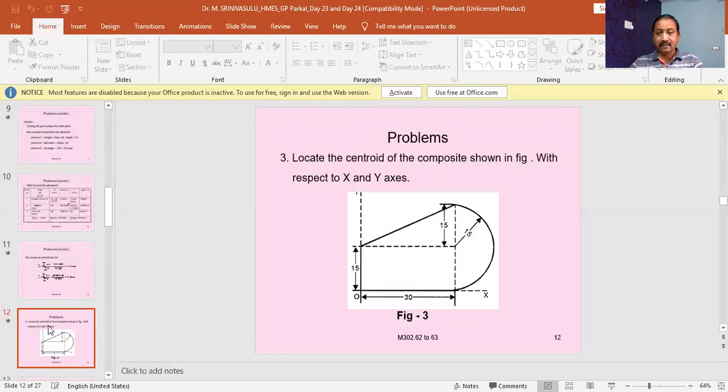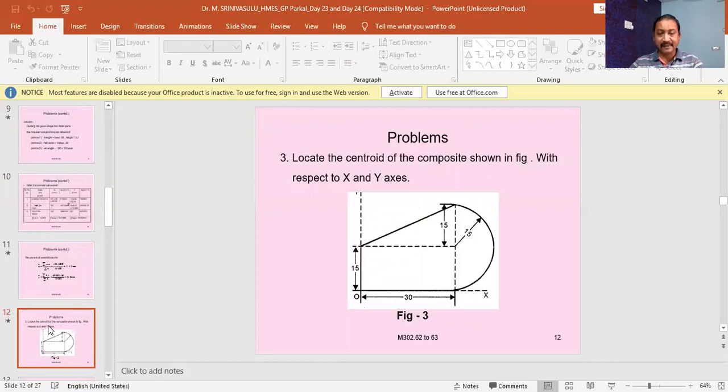Here one of the important things is that the x-axis and y-axis are defined and they are meeting at a point O. So the point O is the origin, and OX and OY are the reference axes.